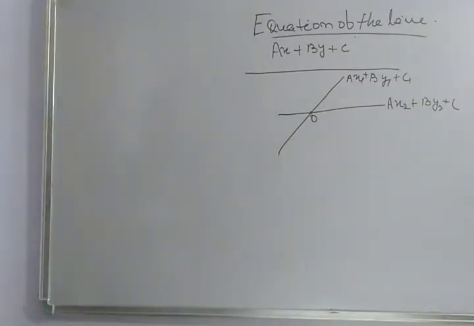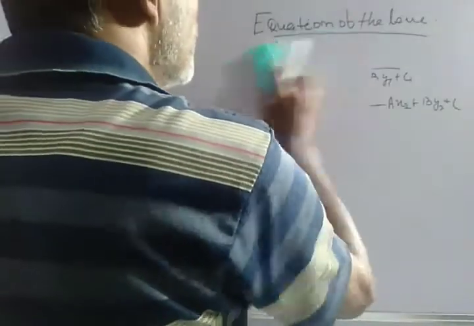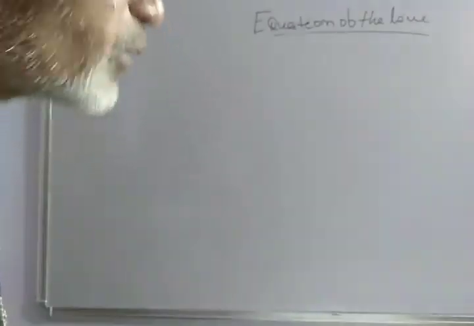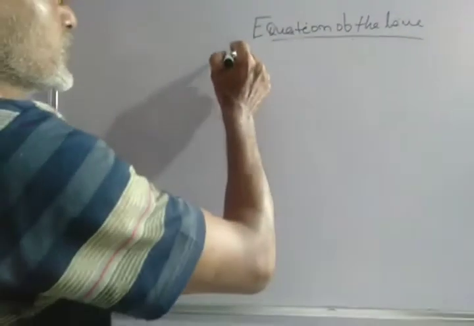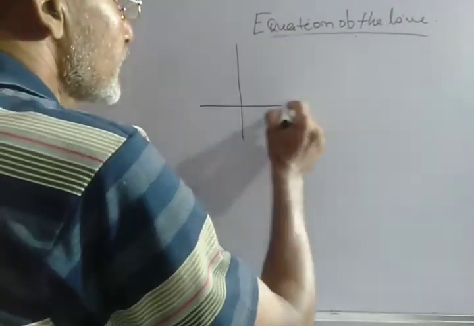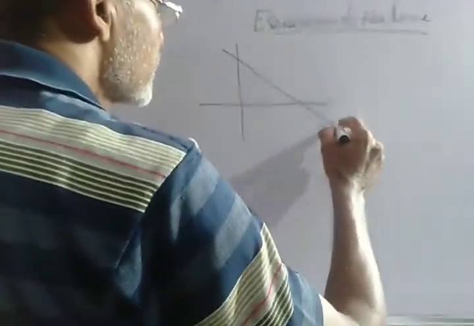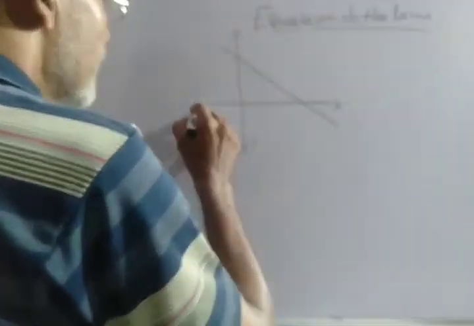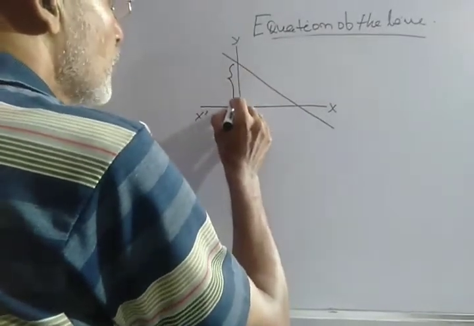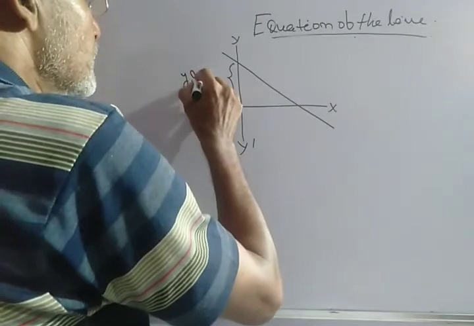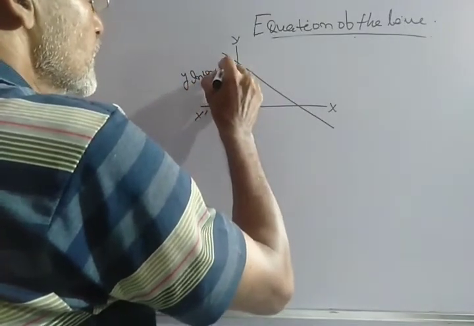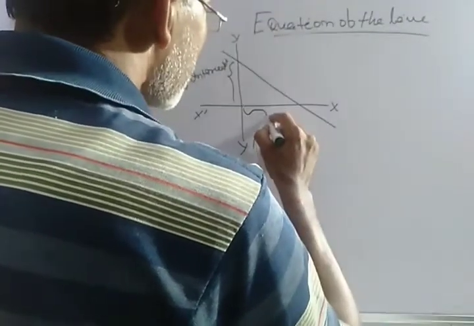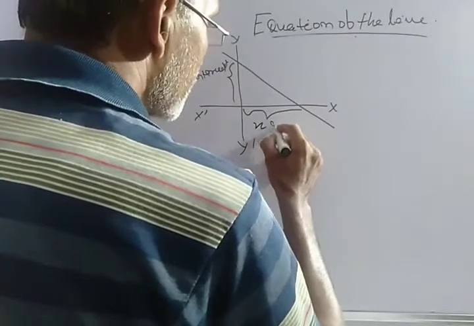Now I am going to tell you about the intercepts. I told you about the x-intercept in the slope, but again I am going to repeat it. If this is a plane and a line is intersecting like this, and this is y and y dash, and this is x and x dash, then this is the y-intercept and this is the x-intercept.